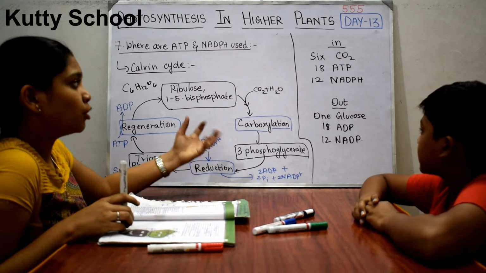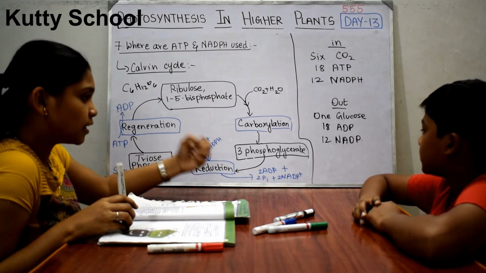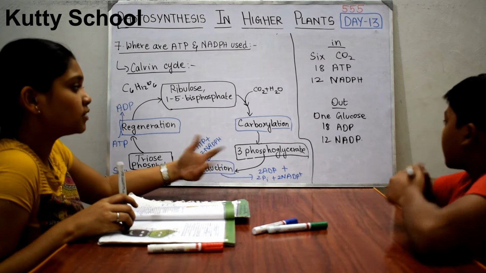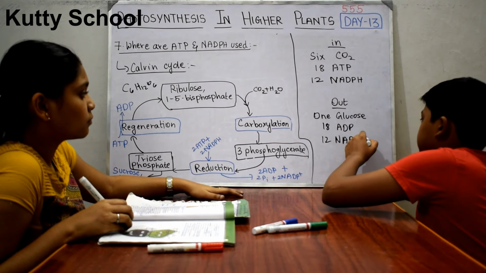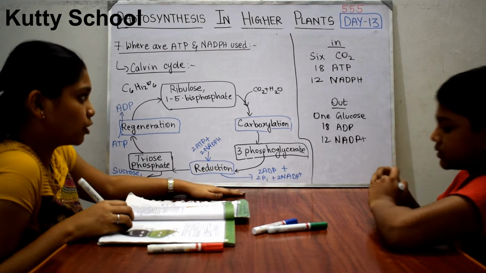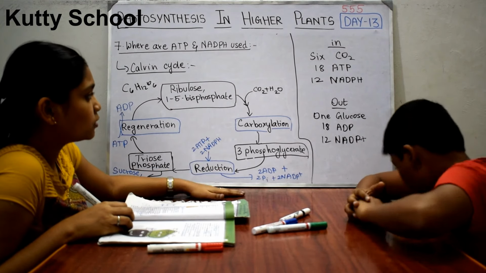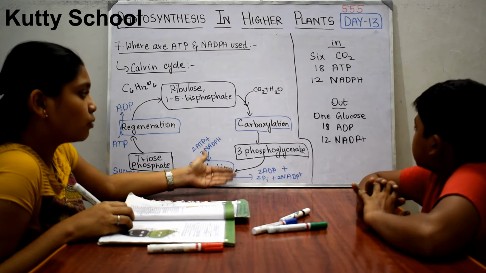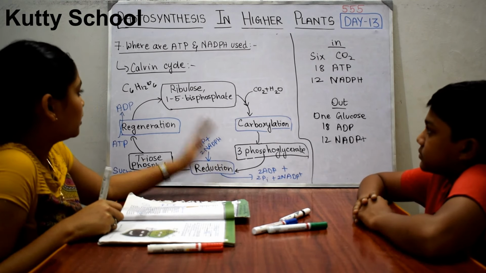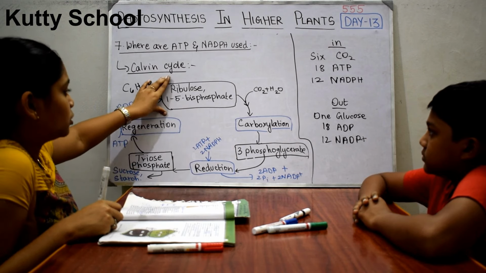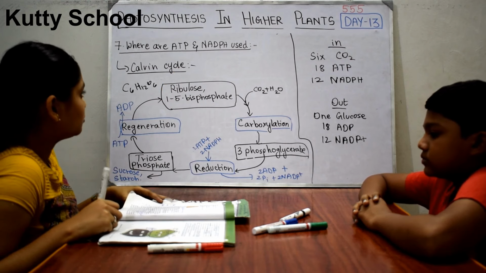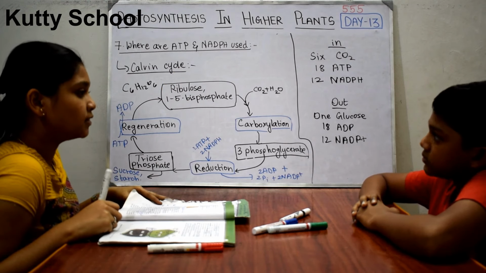So 6 carbon dioxide, 18 ATP, and 12 NADPH are taken in. The products are 1 glucose, 18 ADP, and 12 NADP+. So this is the Calvin cycle. It regenerates the ketose sugar, ribulose 1,5-bisphosphate, which is a 5-carbon sugar. Next we will see what is happening in the C4 pathway.